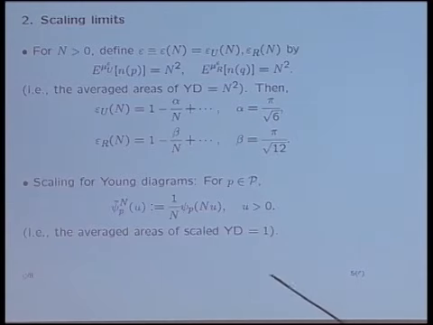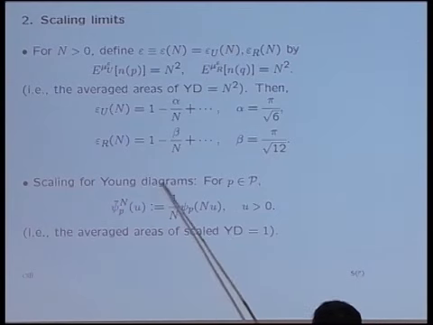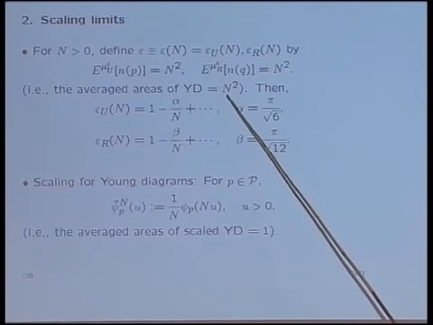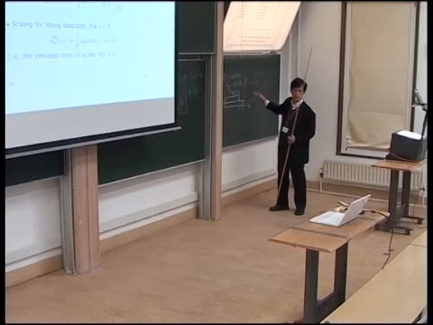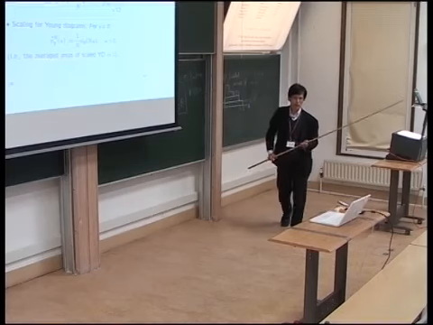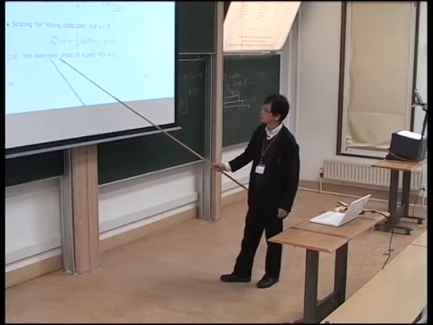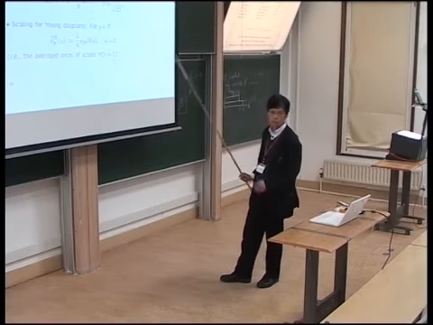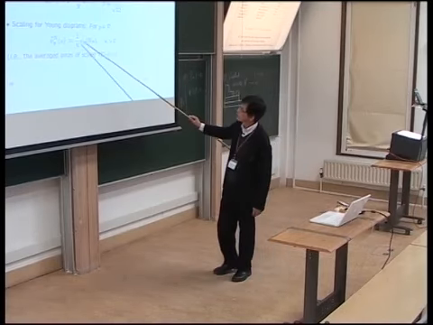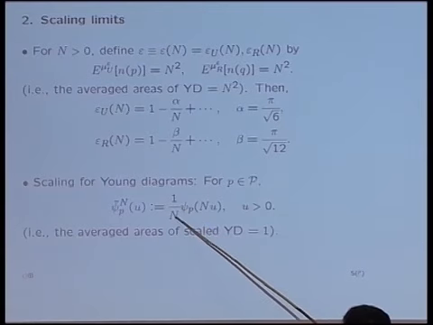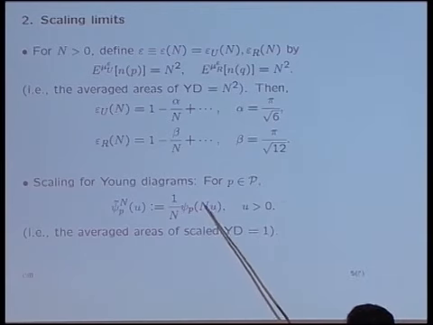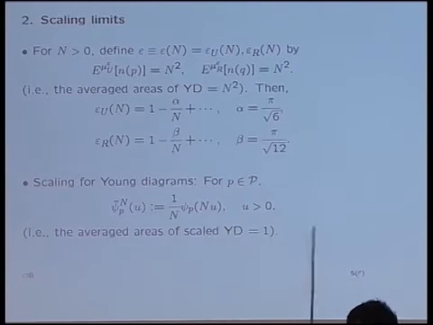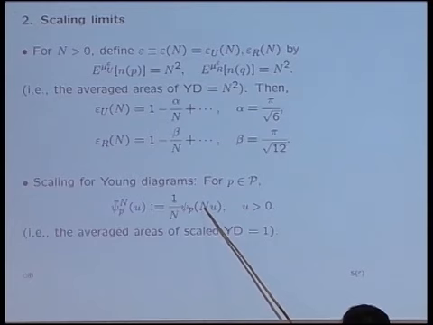Then Bełsik introduced the scaling for the Young diagrams. In this case the area is n square, so this becomes very big. Therefore, he scaled down this diagram in such a way that the average area becomes 1. To do this, you have to divide by n in the vertical direction, and for the horizontal direction you also shrink the shape by n.